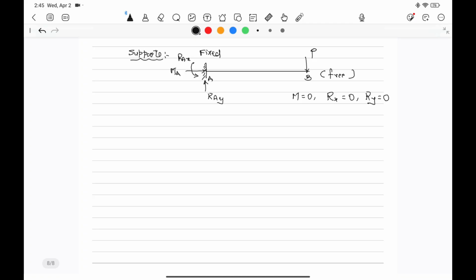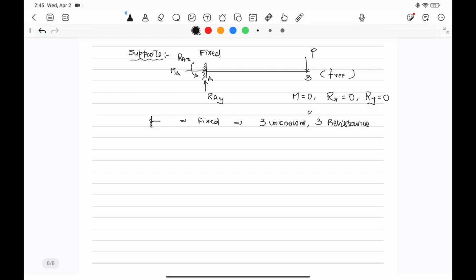Any kind of force you apply on the beam, if the beam is fixed, it has 3 unknowns. One fixed end gives 3 unknowns, 3 reactions, 3 resistances. Fixed implies 3 unknowns, 3 resistances. What are these?